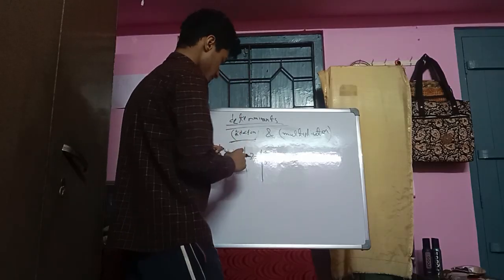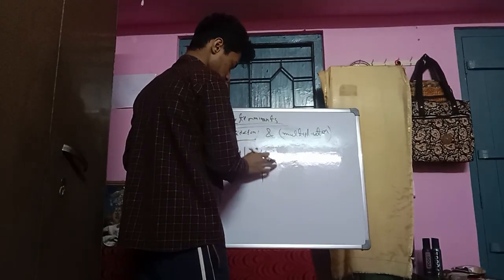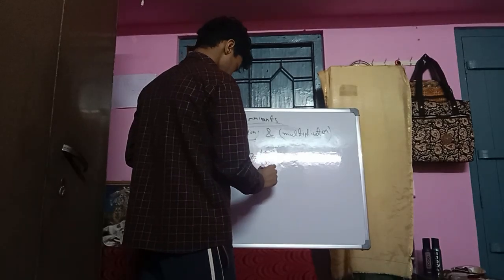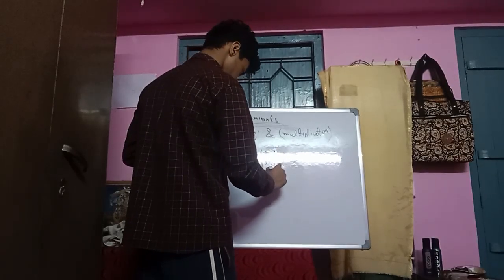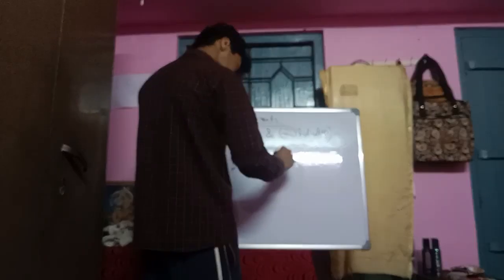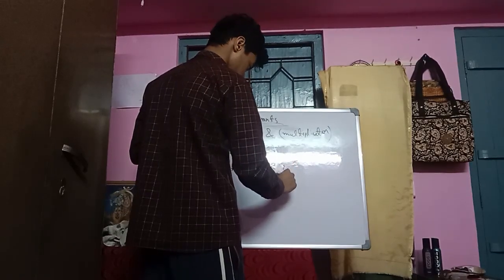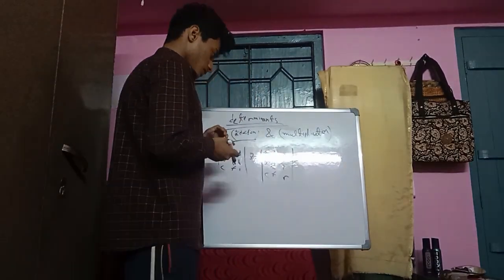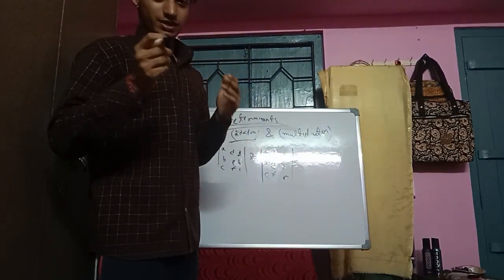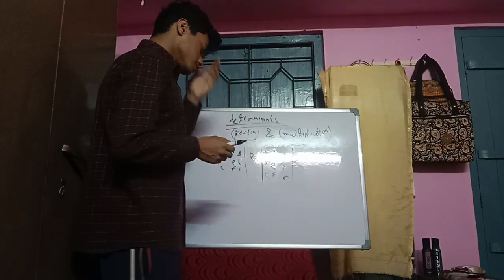So let's say this determinant has the first and second column in common: A, B, C, D, E, F, and the third column differs. So let's say it has elements P, Q, R. Sorry again, I'm going through a fever right now.